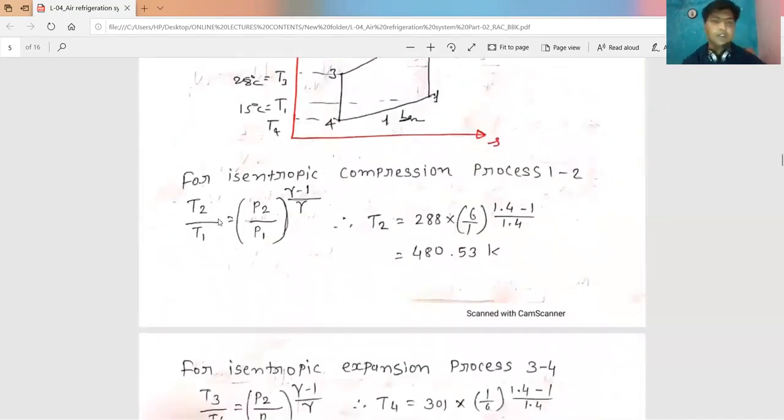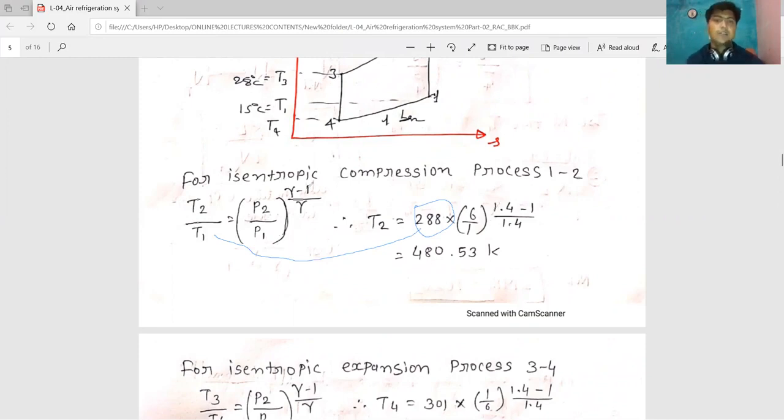So we use the formula for the isentropic compression process 1 to 2: T2 by T1 is equal to P2 by P1 raised to gamma minus 1 divided by gamma. T1 is 288 Kelvin. P2 we already know is 6. The pressure ratio P2 by P1 is 6 by 1.